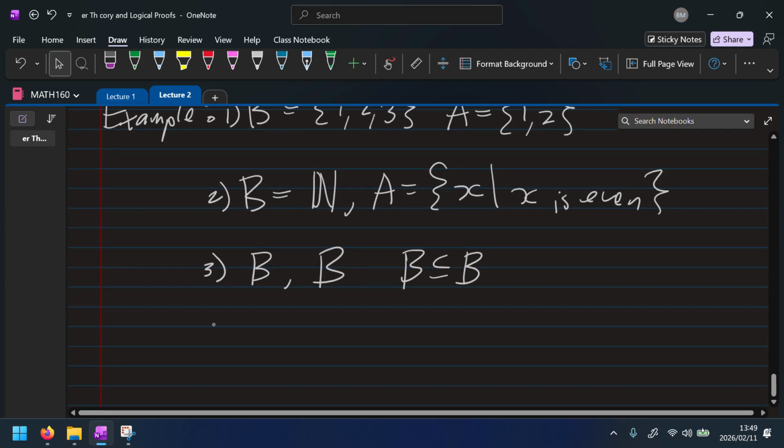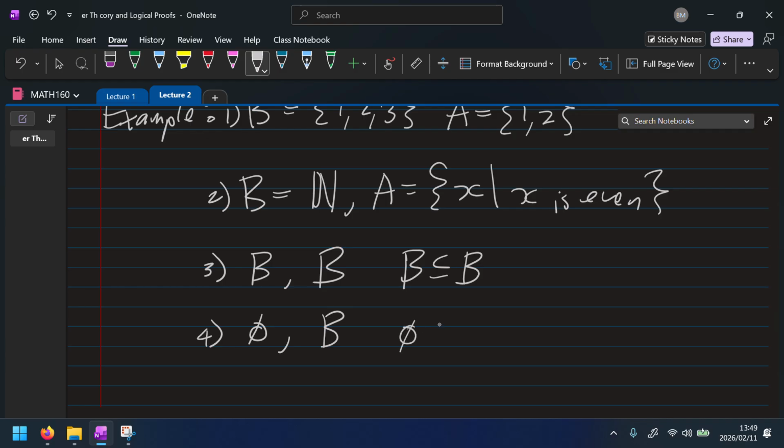Okay, and number 4. Let's take the empty set and some set B. This one's a little bit tricky, but we just need to think about it logically. What is the condition? Every element in the first set must be in the second set. That's the condition we need to check. We need to be a bit careful about this.